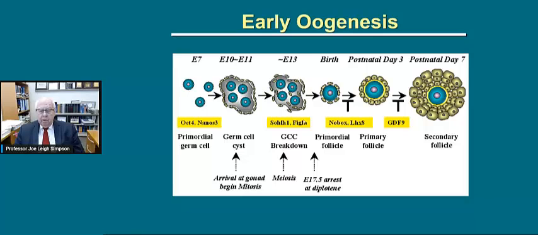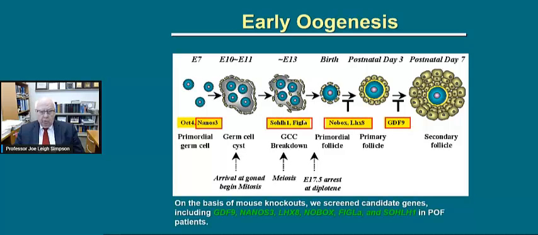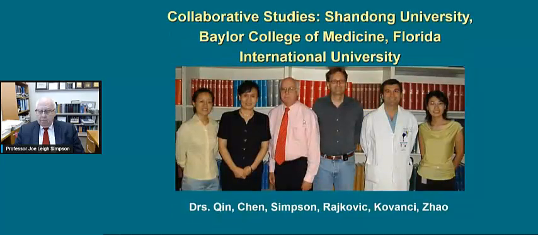So each of these has been analyzed and shown to be relevant to premature ovarian failure. And our own group, with a series of collaborators, have looked at patients and identified this in all of the genes that are shown in the red box right here.